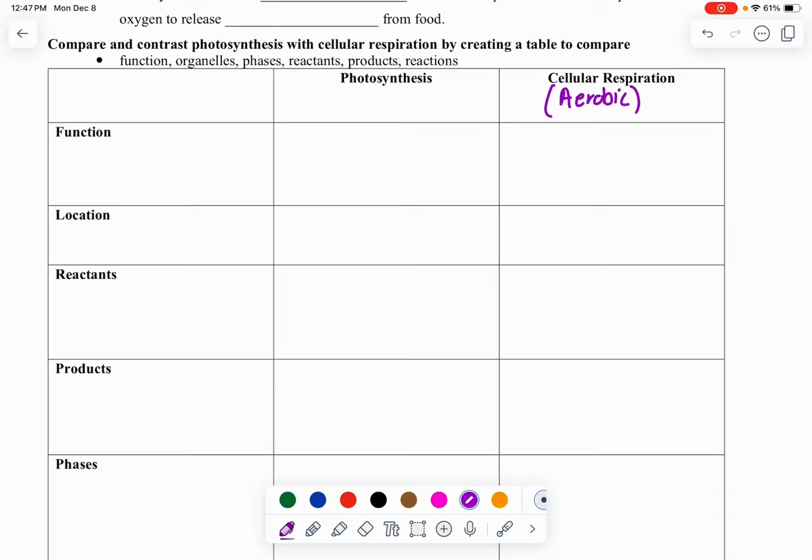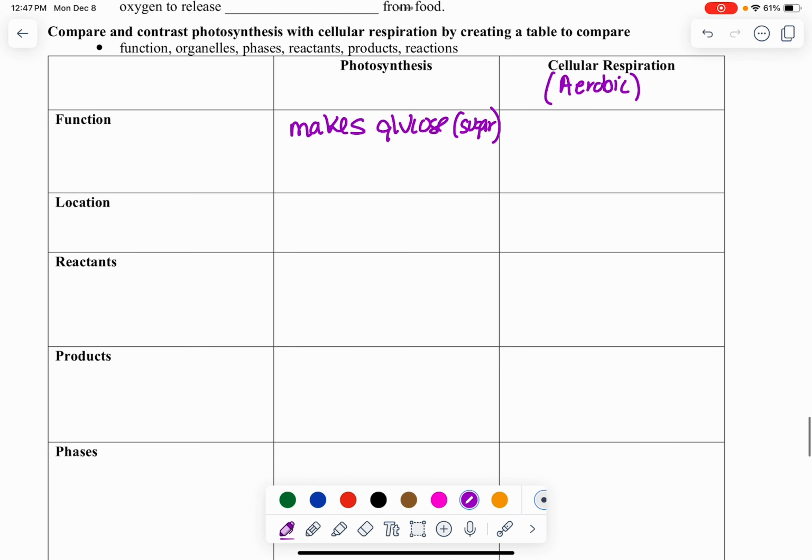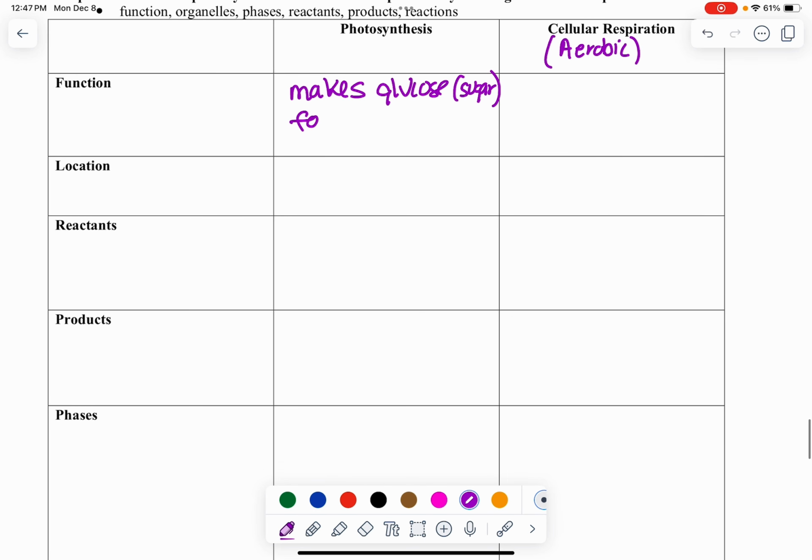So the function of photosynthesis, it makes glucose, which is a sugar, to use for energy. Sometimes you'll see that photosynthesis is storing energy, but not really. We're making glucose, the sugar, the food that it's going to use for energy.